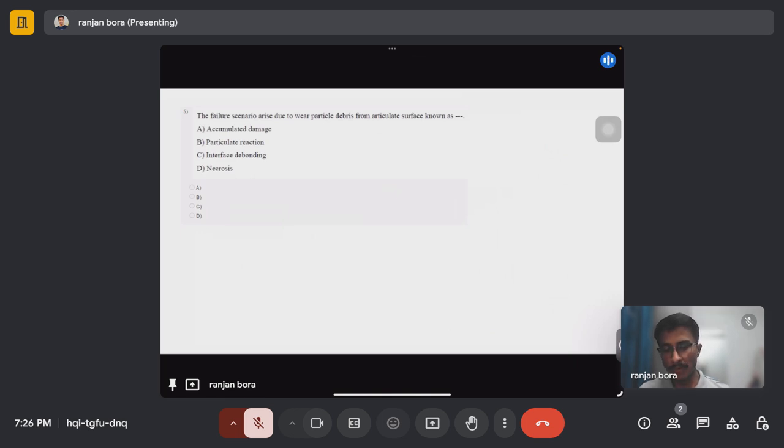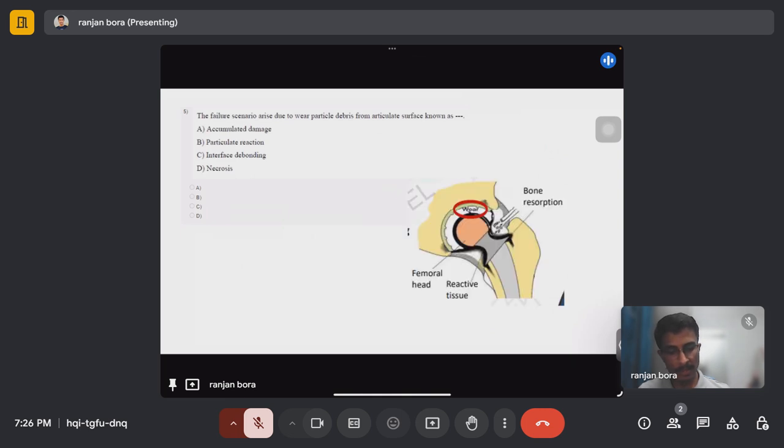We know there are different failure scenarios which can arise in an implant, and if the failure scenario is because of wear particle debris from the articulating surface, then, you can see in this figure, this is the articulating surface, and this is the implant.